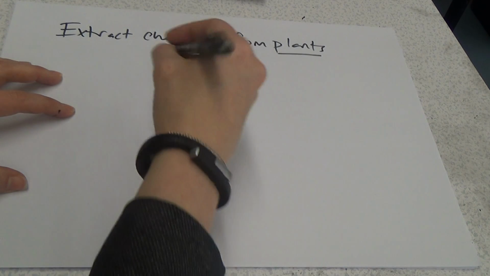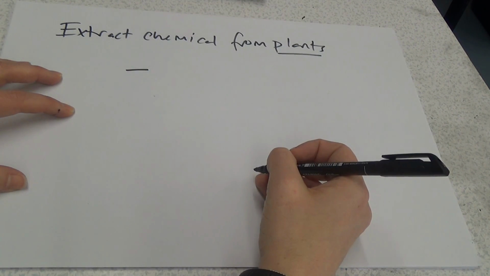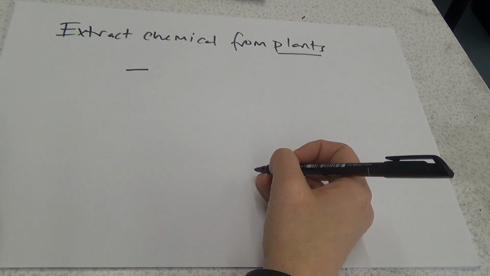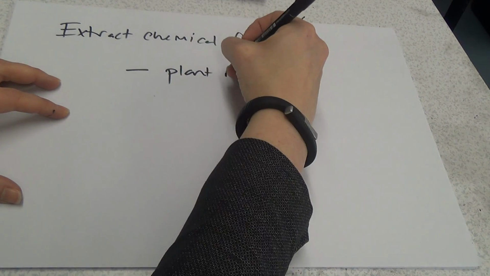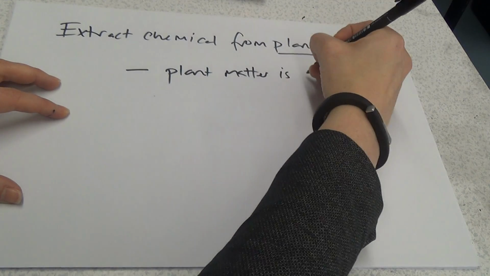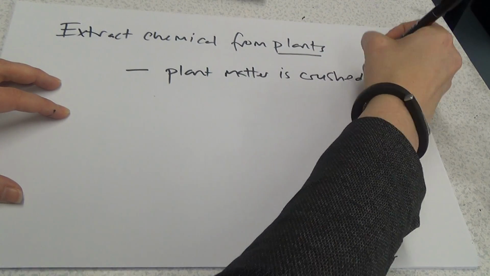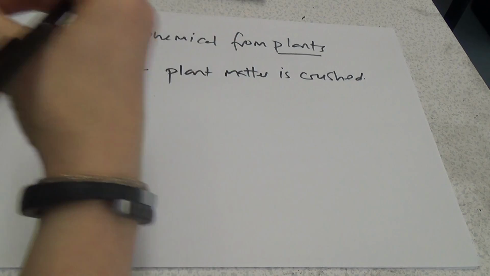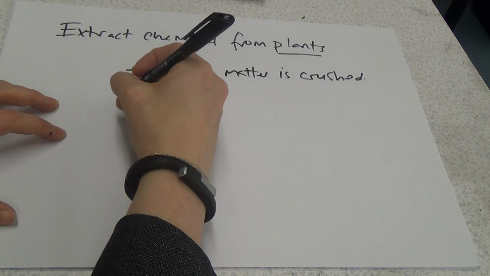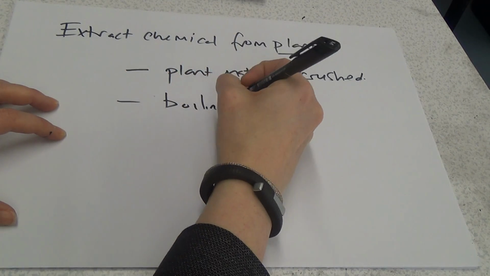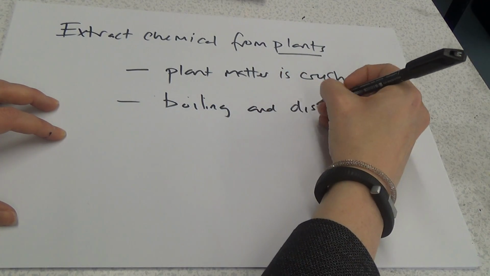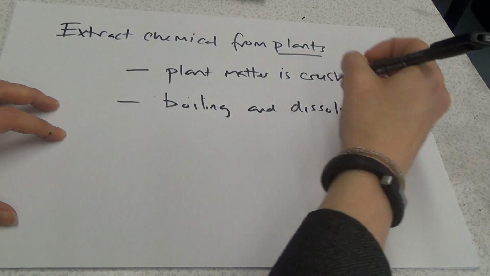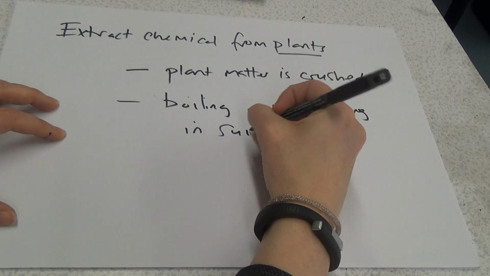In the case of extraction of plant matter, there are stages that it has to go through. So the first thing is that the plant matter is crushed. That's literally all that plant matter broken down. You then have boiling and dissolving in a suitable solvent.